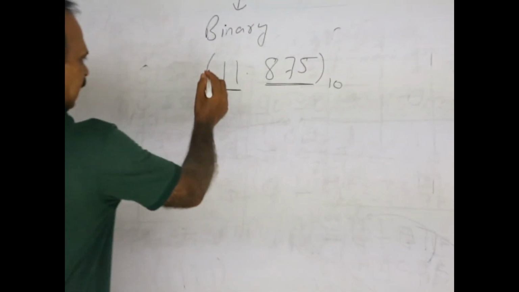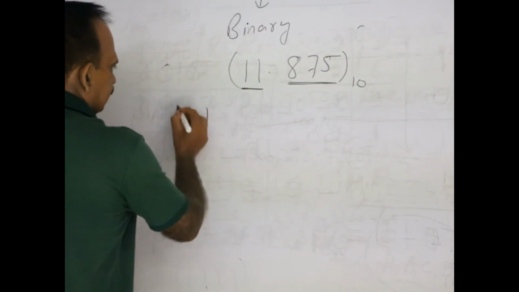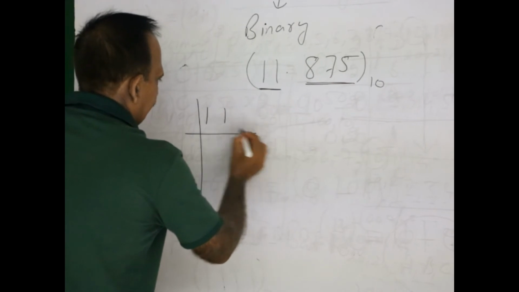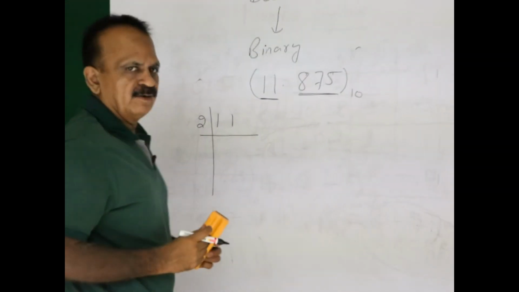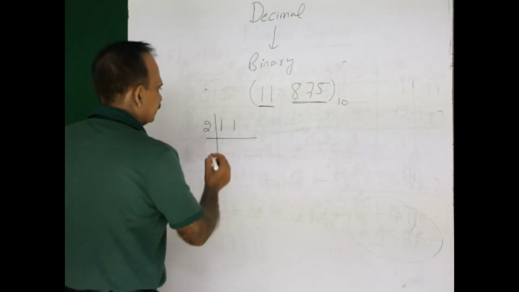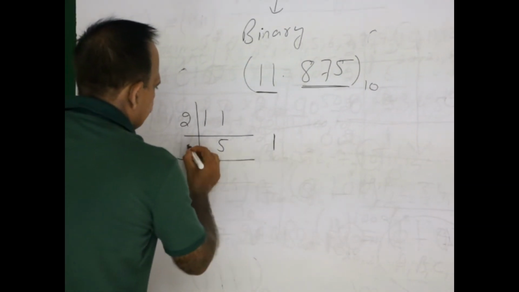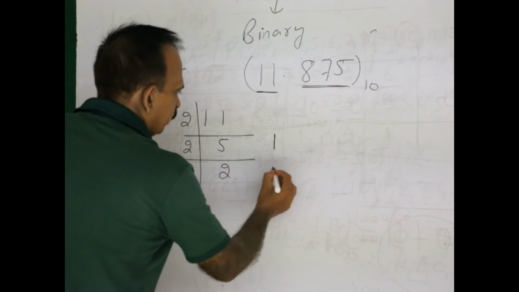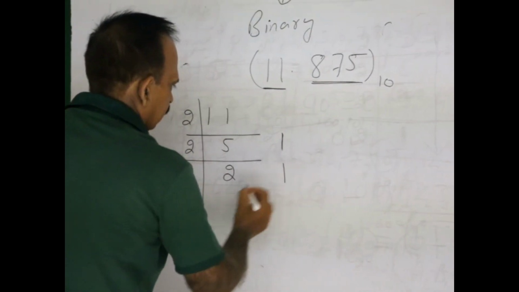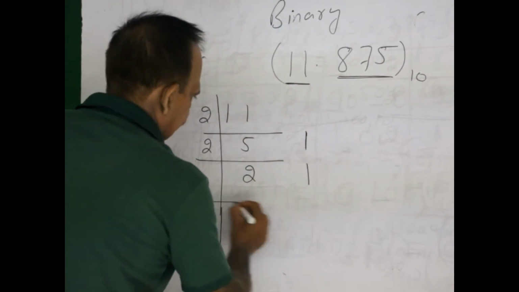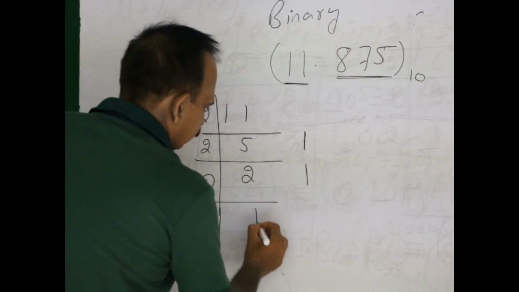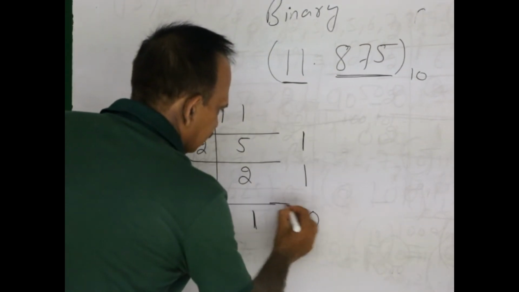Now, for this 11, since it is an integer part, I will divide the number by 2 and write the remainder. This is 5 and the remainder is 1. The second step: this is 2 and the remainder is 1. The next time it is 1 and the remainder is 0.